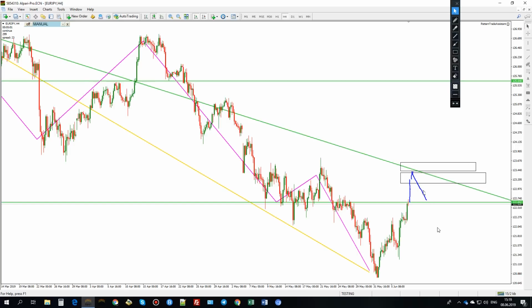So at most you have one target at maximum if you use a bat pattern or a butterfly pattern. This is the maximum that you can get. And because you have these two levels, the most likely behavior is price ranging between these two levels.